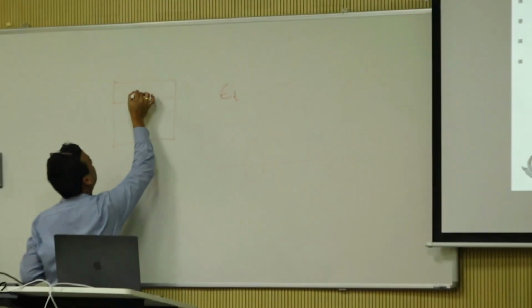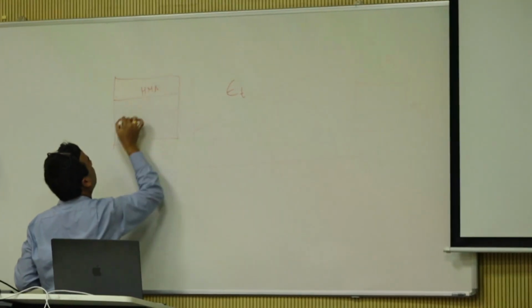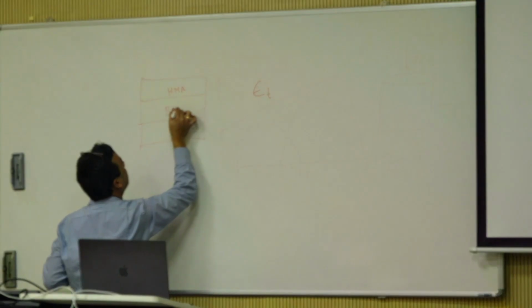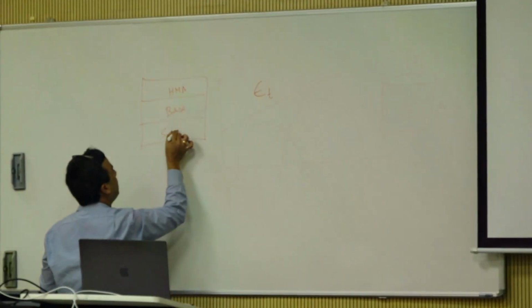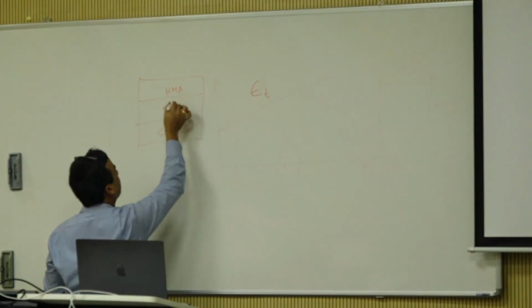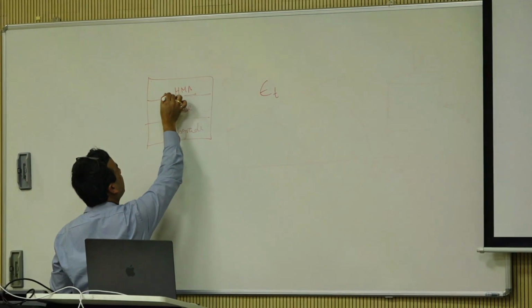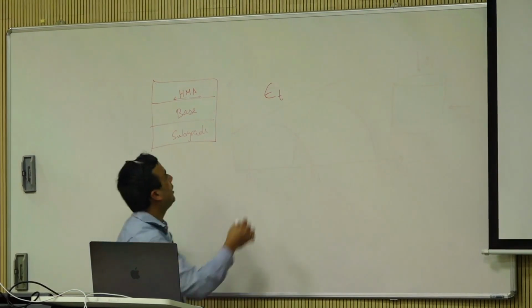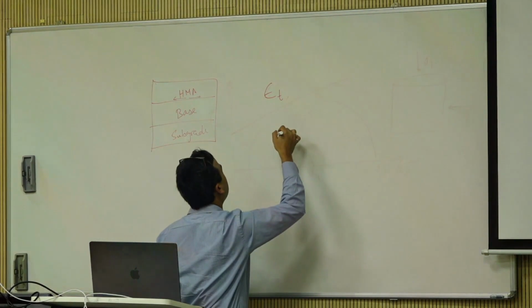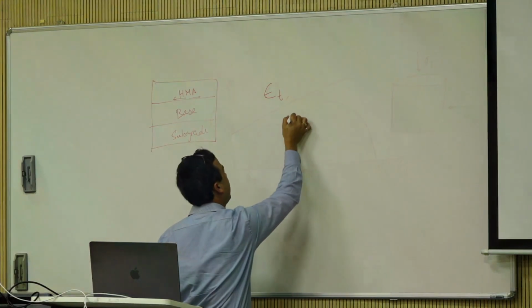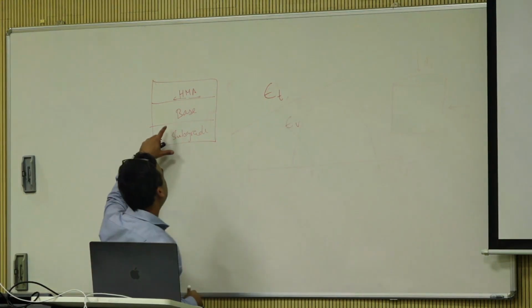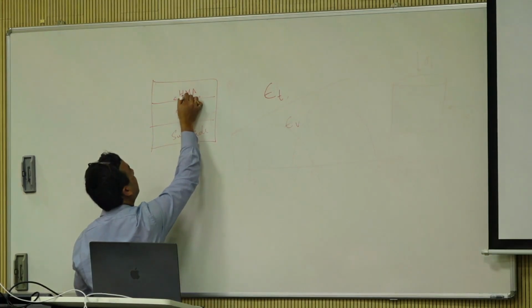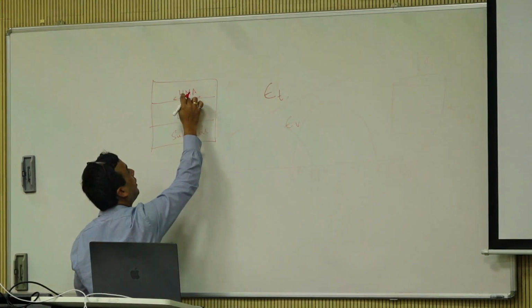So we have this, let's just do this. We have an HMA, we're doing a base, we're doing a subgrade. So you're saying this. Then vertical strain. Okay, where? Right here? Subgrade.